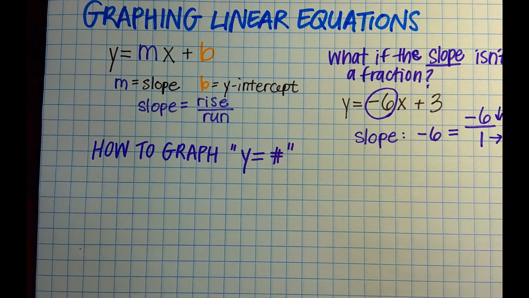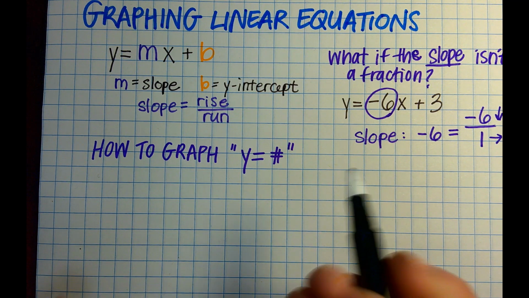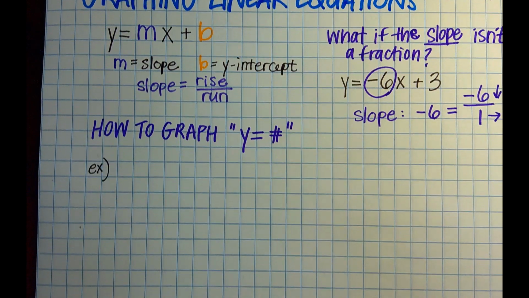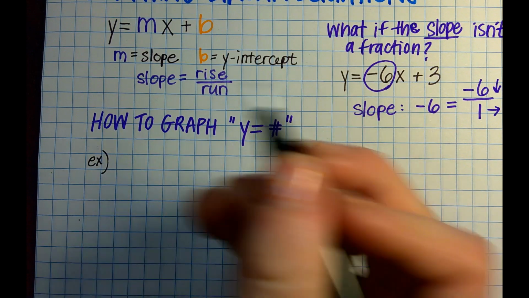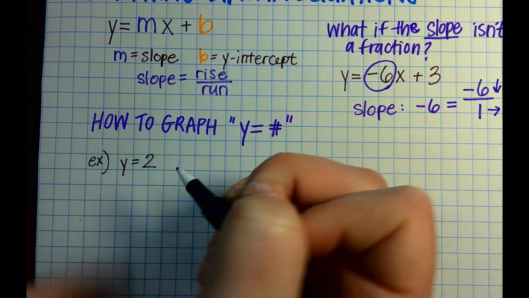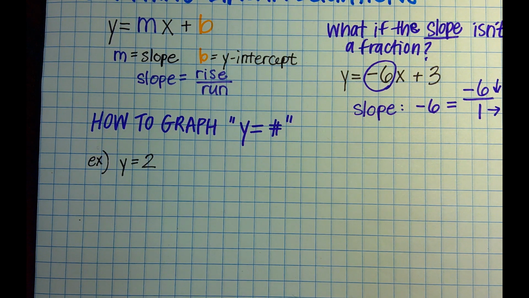And then we're going to give some examples. Let's say we have y equals 2. That's our whole equation. We've got y equals 2.